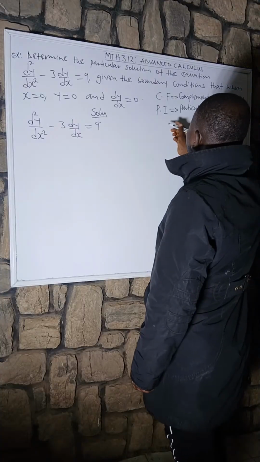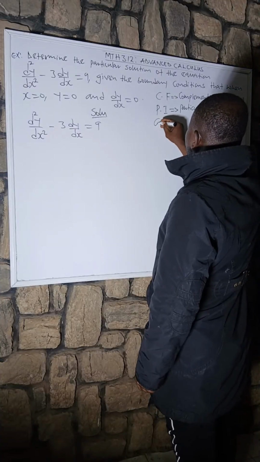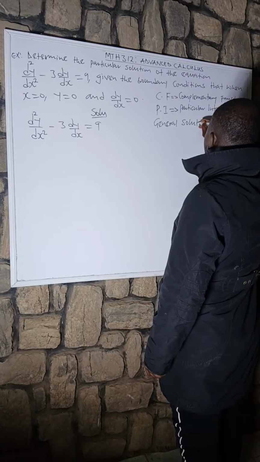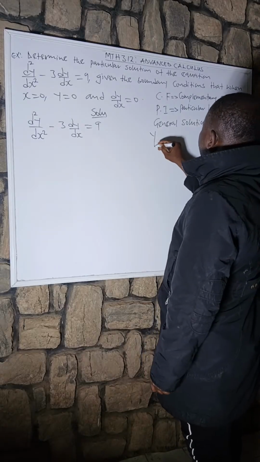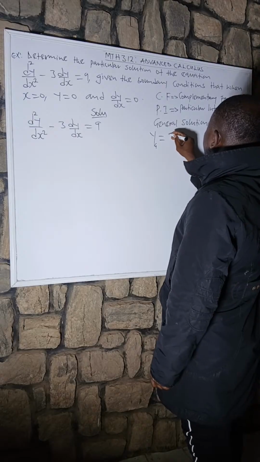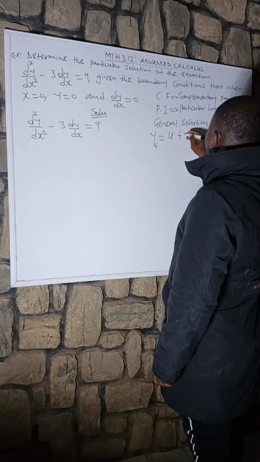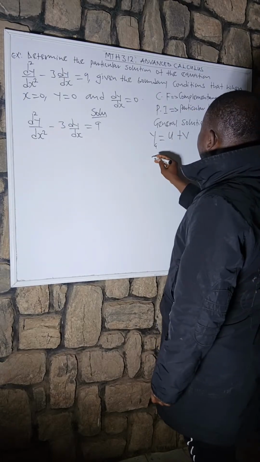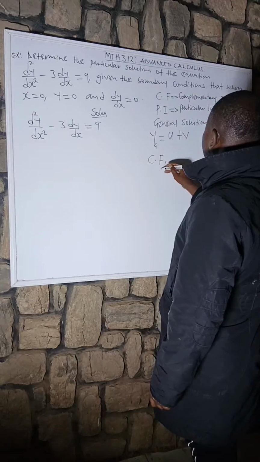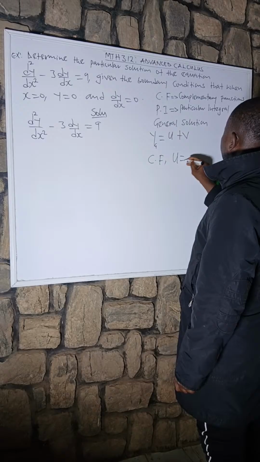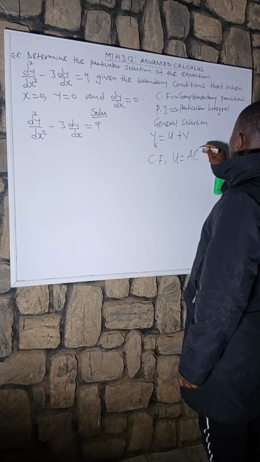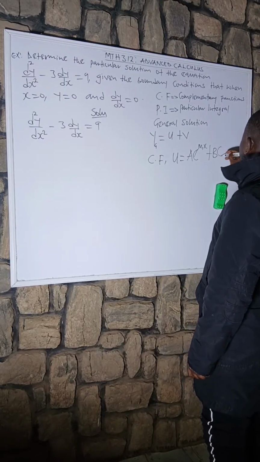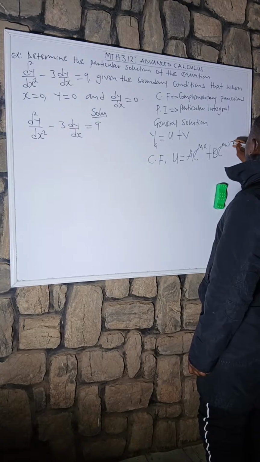Then we go ahead to consider the general solution. The general solution is y equals u plus v. From the complementary function, u equals A e to the m1 x plus B e to the m2 x.